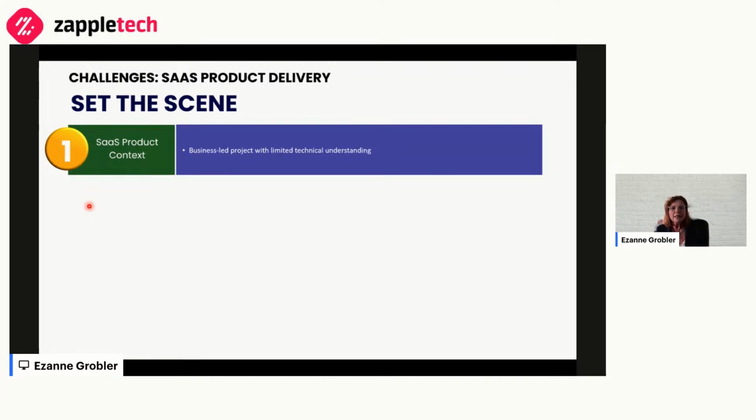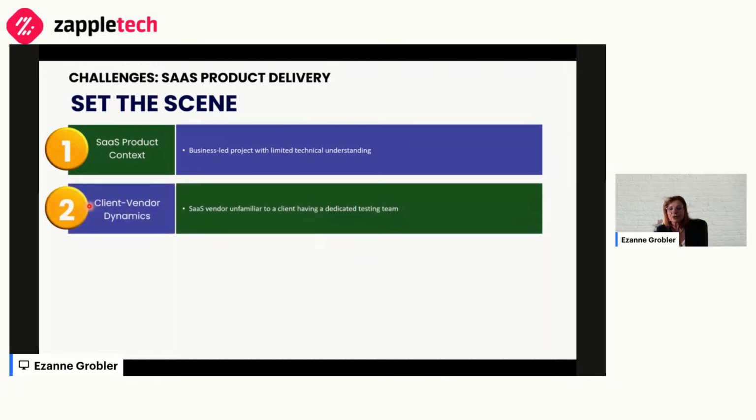This time around, the South African client was running this entire program from a business lens instead of a technical understanding. So for the first time, testing was part of a business delivery instead of being part of the traditional software development life cycle. That was a huge shift in terms of challenge.